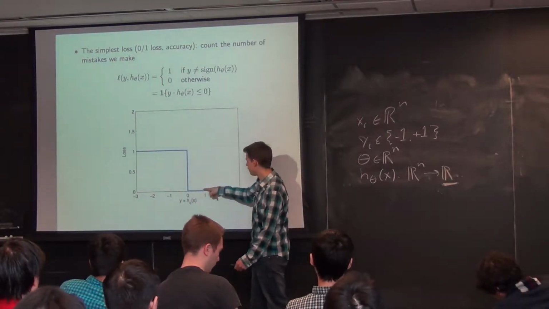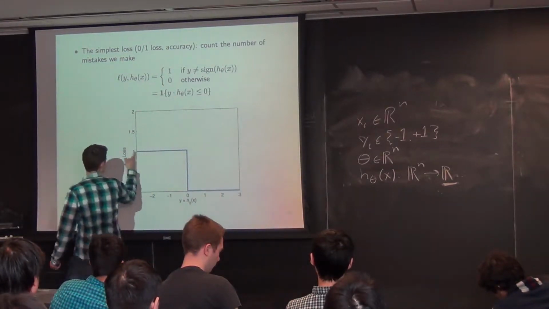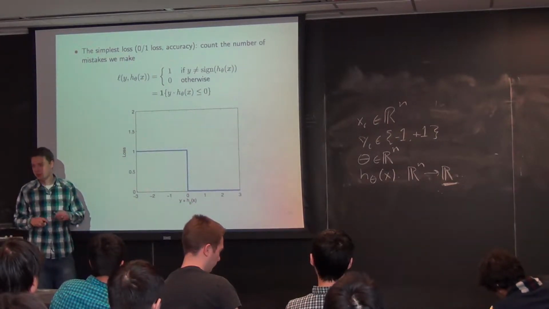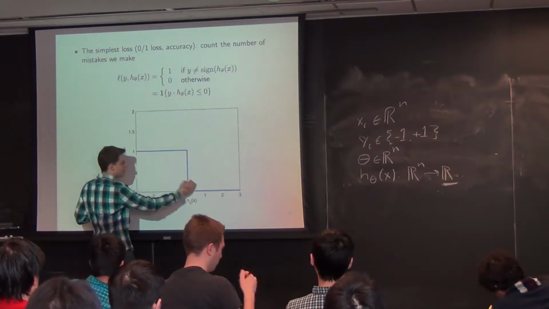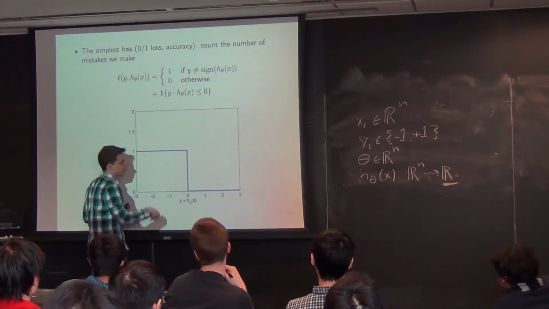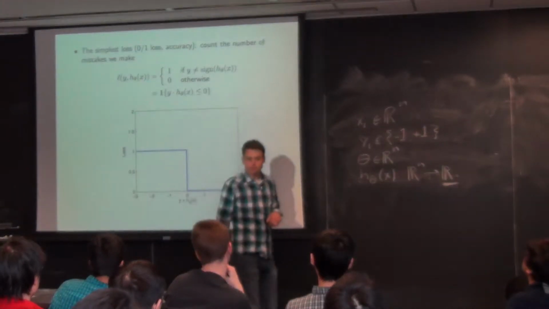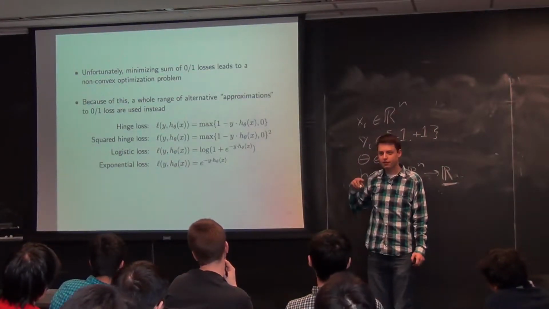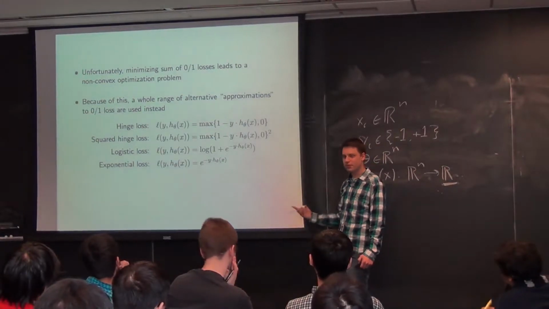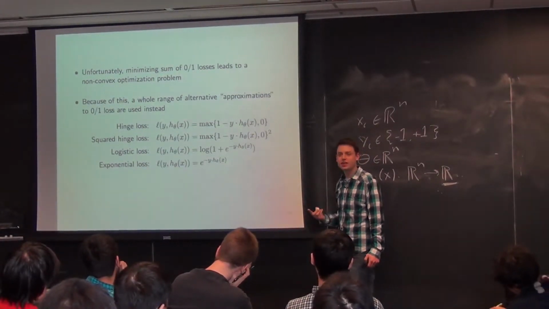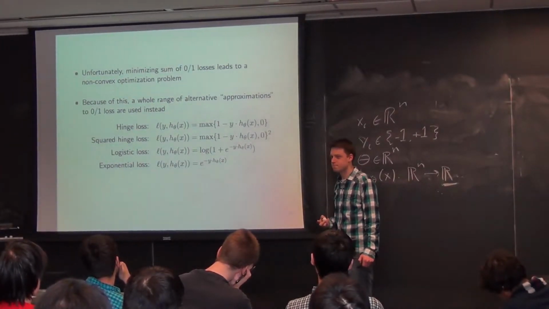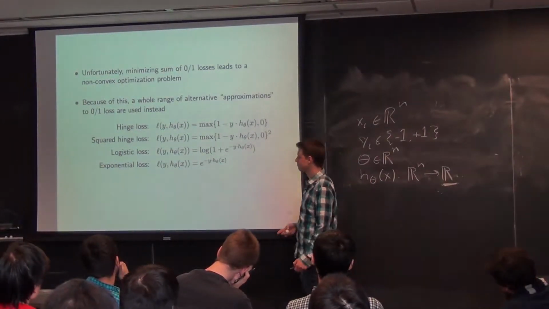Because if you have anything that's 0 down here and 1 anywhere over here, that's almost definitely not convex, because you could draw a line that does this, and at some point the function would be over that line. Right? So these functions are, in some sense, the best things we have to approximate this, though I'll show you their graphs in a second. And they don't really look that much like 0, 1 loss. So we'll use them anyway.